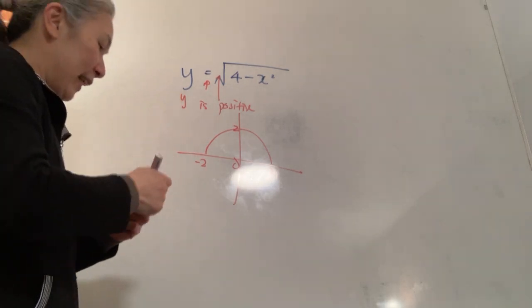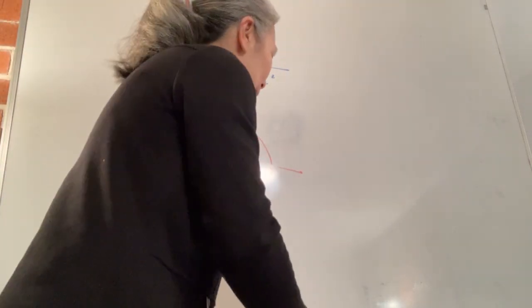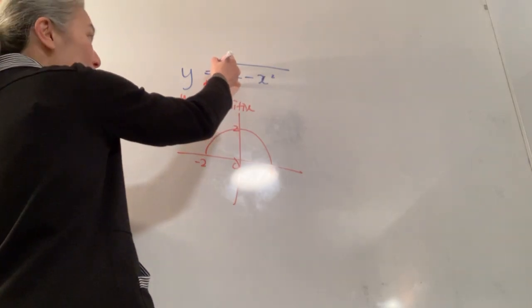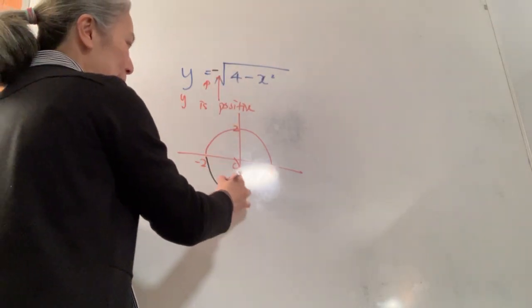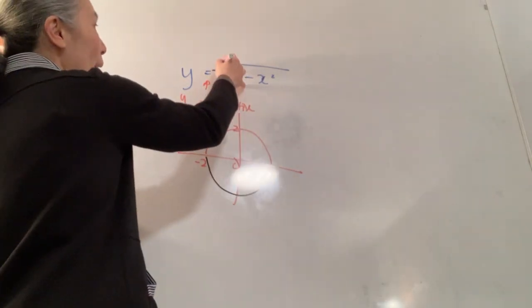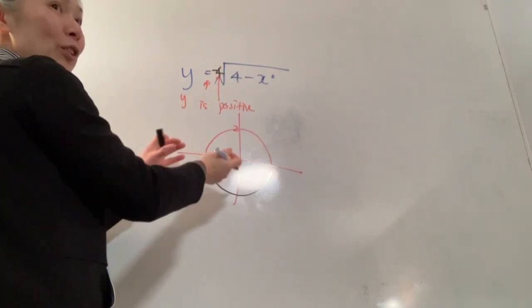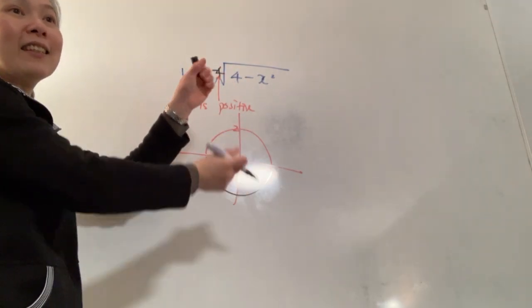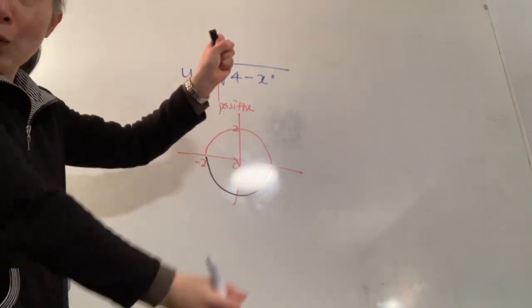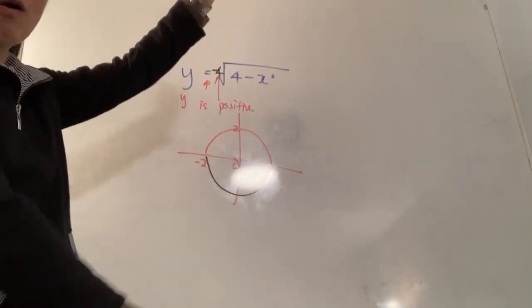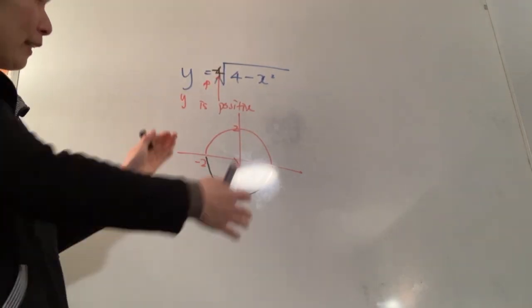Oh wait, this one has a minus 4 in front. Yeah, you have a minus. So does that bring it down? Yes, when you have a minus, it flips, it becomes this one. And then the 4: what the 4 does is stretch it. You make it bigger, and you keep the side the same.